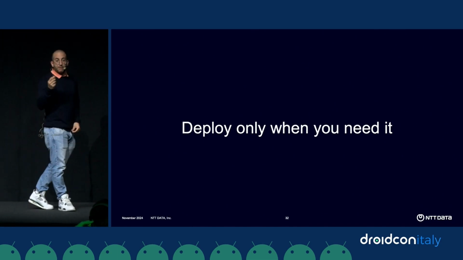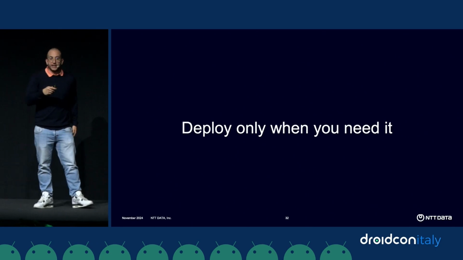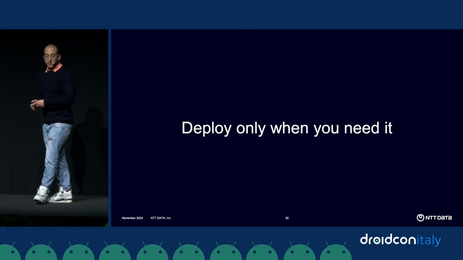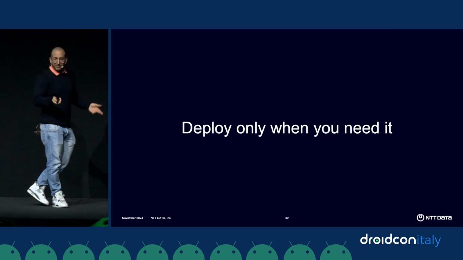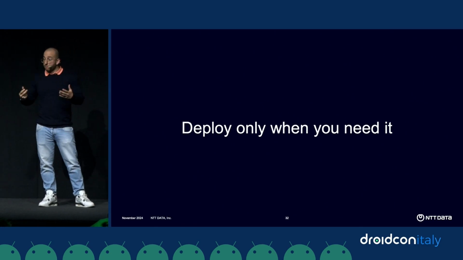Avoid deploying every day if you develop a feature every 2 days. If you deploy an app every day to testers, Firebase, App Center, or stores, you deploy an app with only little bug fixing or something like that. But it's better if you deploy every time you have something big.